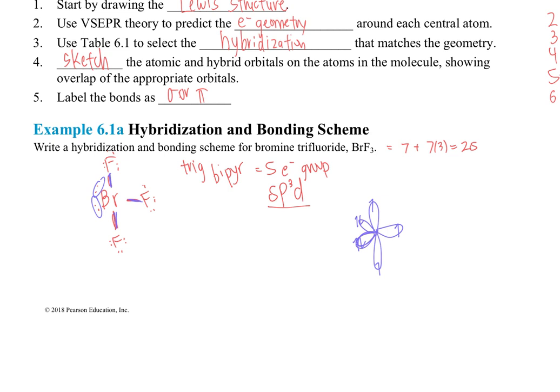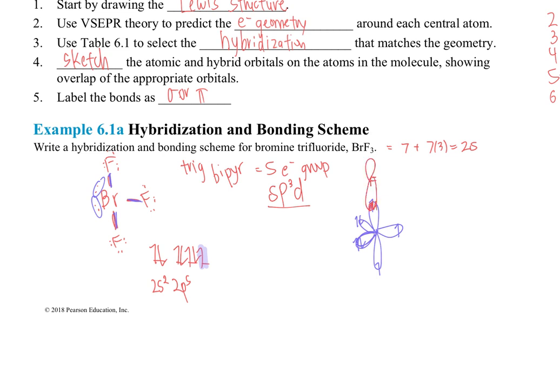Fluorine we know has an electron configuration 2s2, 2p5. So its s orbital is filled, and 2 of the p orbitals are filled. The only orbital that is allowed to bond is one of the p orbitals. Let's say this is a fluorine, and so one p orbital is going to be here.